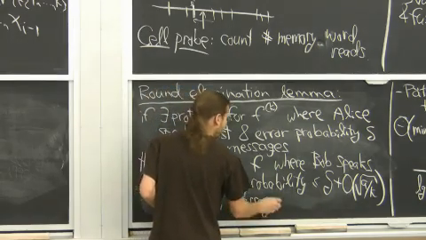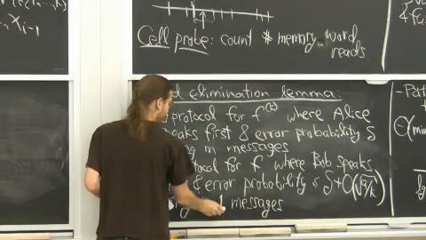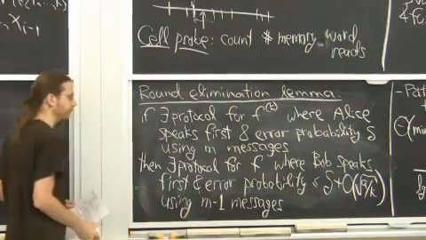Ultimately we care about rounds, which are pairs of messages, but we're going to count messages and then, of course, divide by 2, you get rounds.